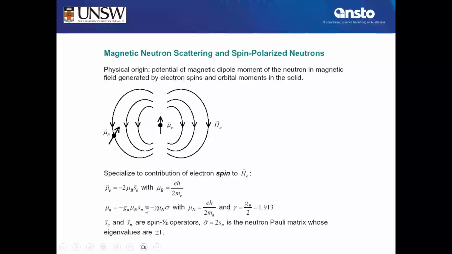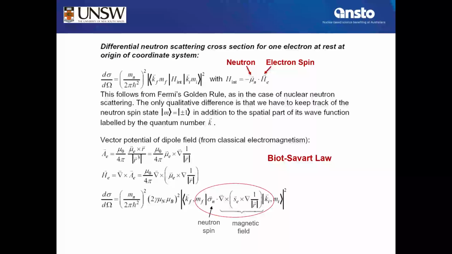Here the neutron magnetic moment, and to be precise, for quantum mechanics, we have to include the Pauli matrix for the eigenspin values. What happens now? The first term might be familiar. That's basic scattering theory, neutron scattering, derived from Fermi's golden rule.